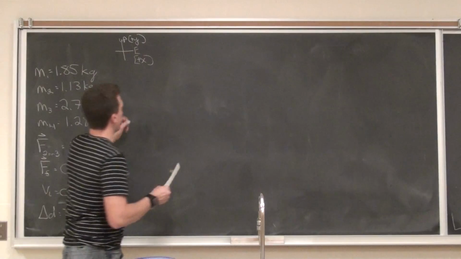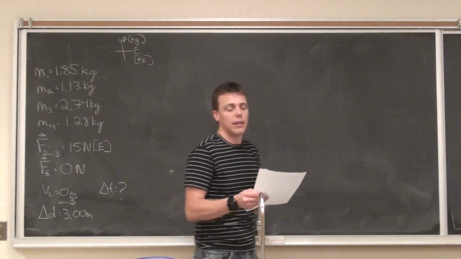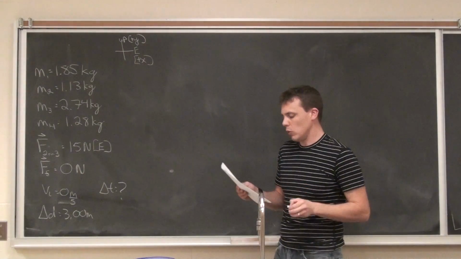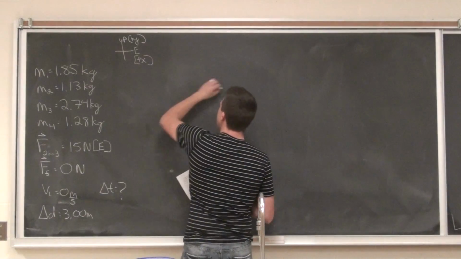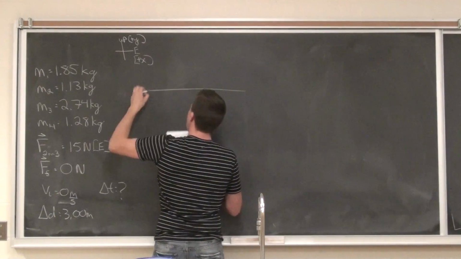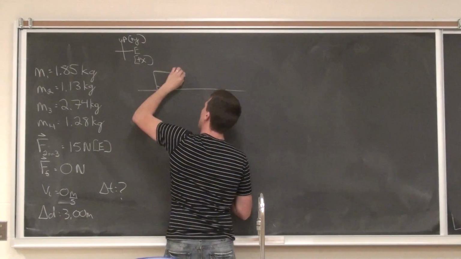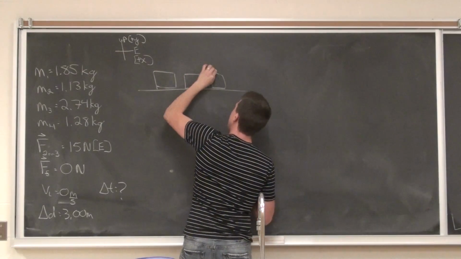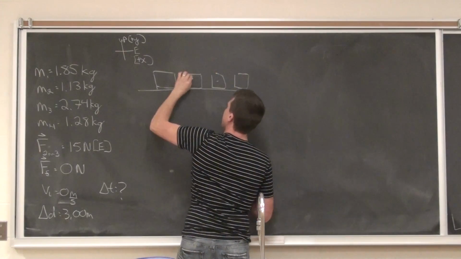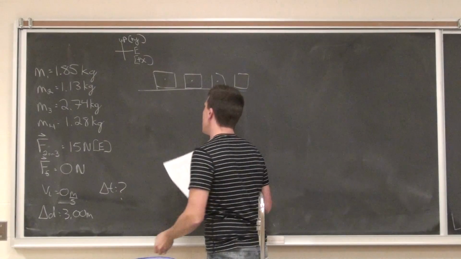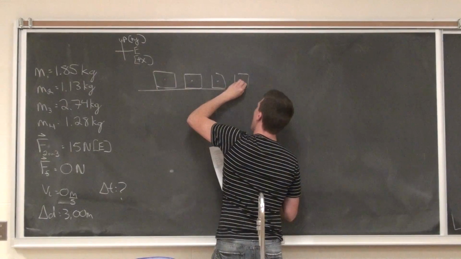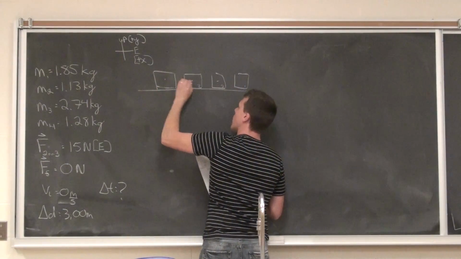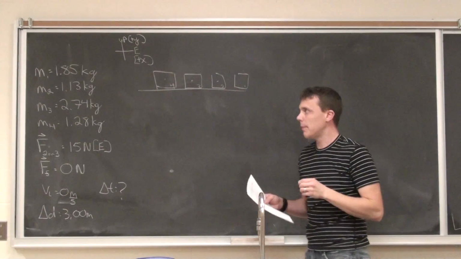Now in my system diagram, I'm not bound by the same rules that a free body diagram has. So I draw the ground, I draw the 4 cars of the train, just as boxes. I'm going to number them 1, 2, 3, and 4.